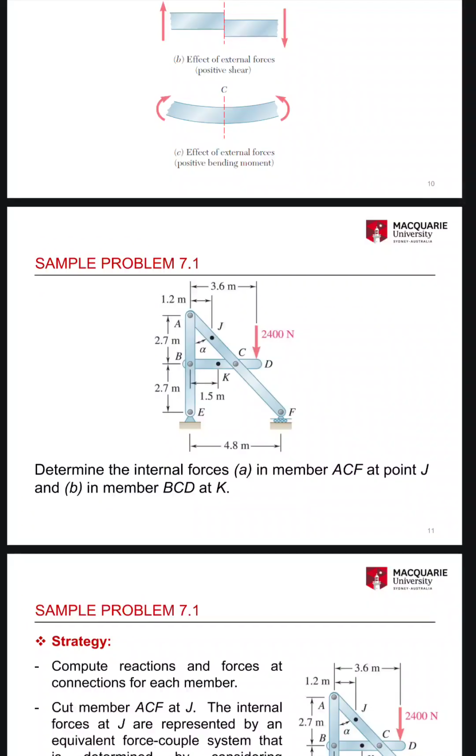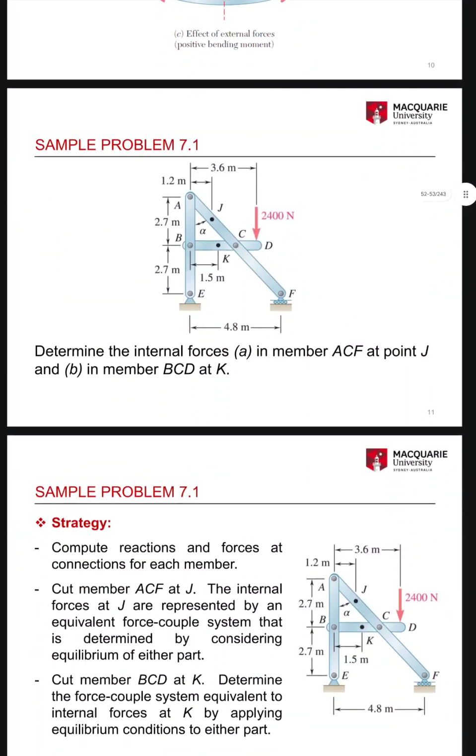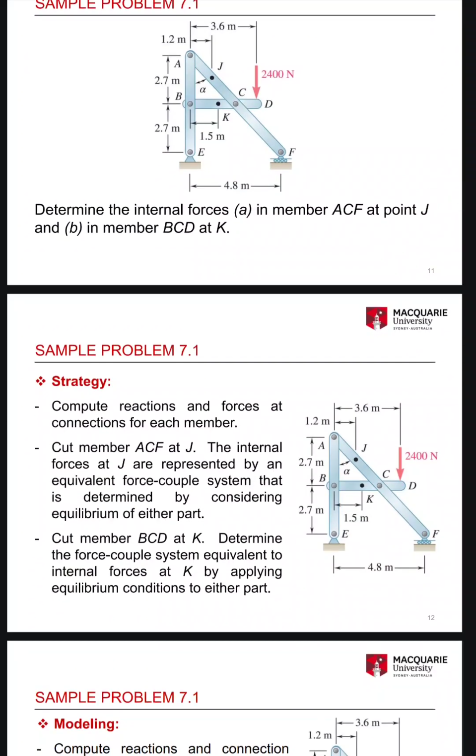Sample Problem 1. So here is another internal force problem with different magnitudes and numbers. Determine the internal forces in member ACF at point J, and in member BCD at K. Strategy: compute reactions and forces at connections for each member.